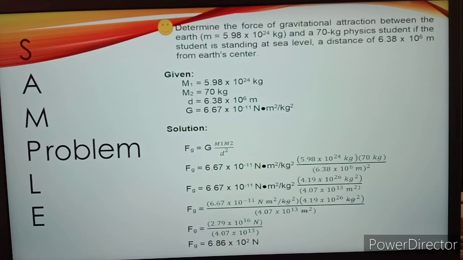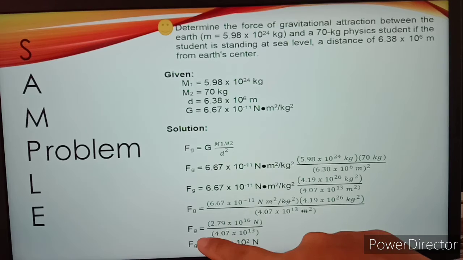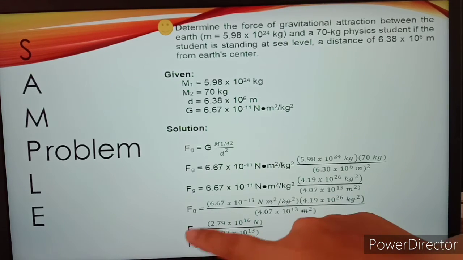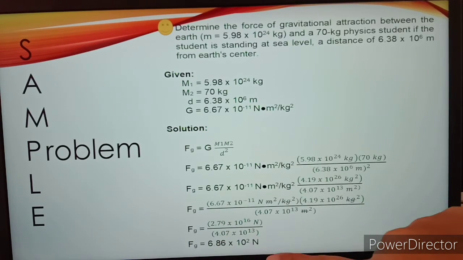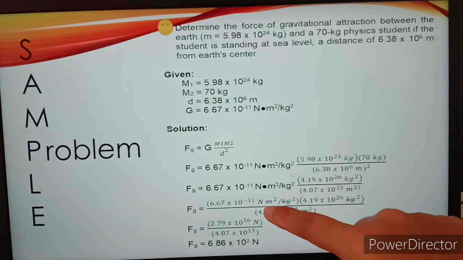Don't forget to cancel out the same units. Since we are looking for the gravitational force, the unit of the final answer should be in Newton. Here we show how we cancel out the same units.